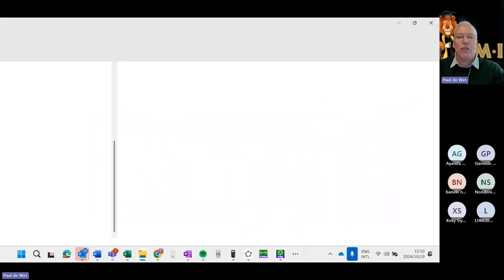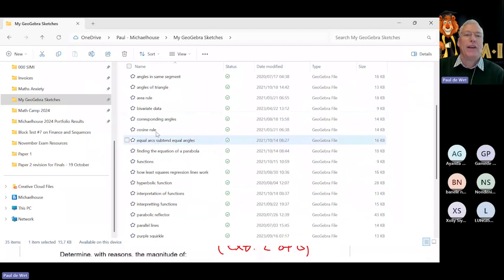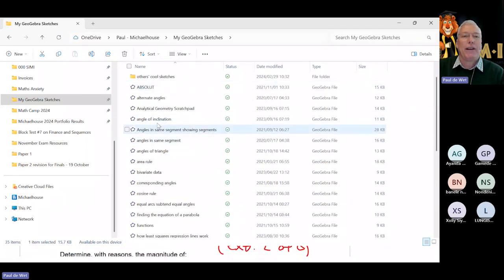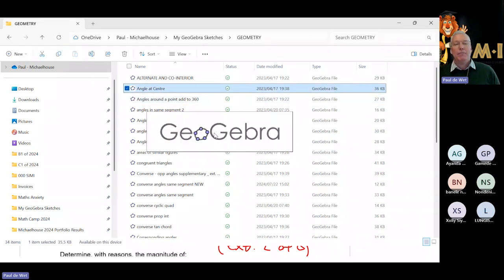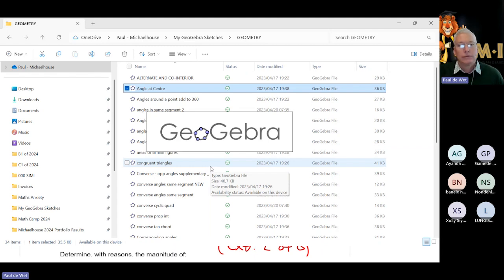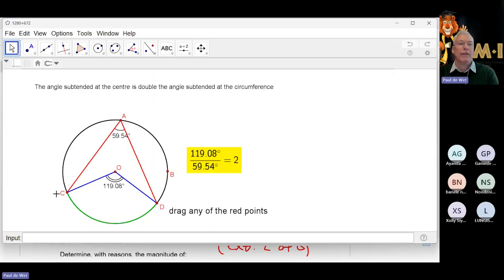I do want to show you my angle at center sketch because I think it's such an important sketch. You've seen it before maybe, but let's have a quick look. This is the standard easy version of seeing angle at center.